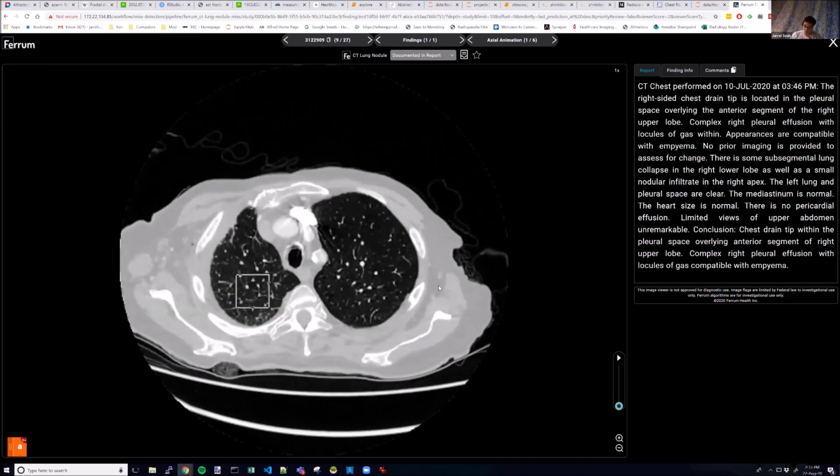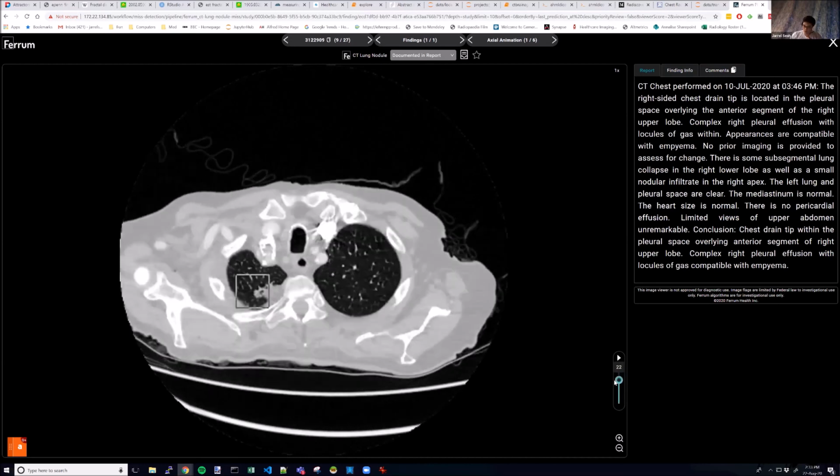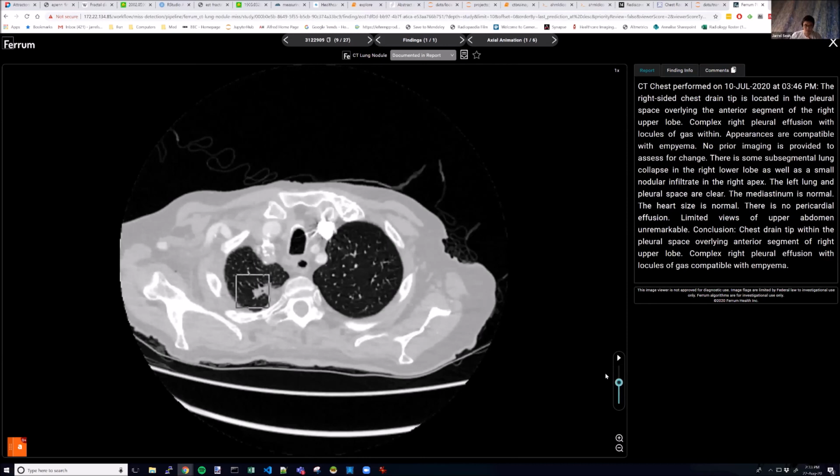And the problem is, AI is very good at classifying whether or not something is absent or present. What it's not very good at is characterizing something. So if you want it to characterize, say, the lung nodule, you need examples of whether or not it's spiculated or not, whether it's calcified or not, whether it's containing fat or not, right?